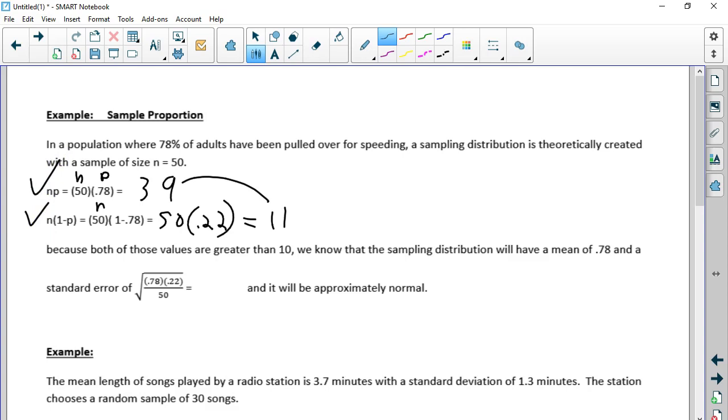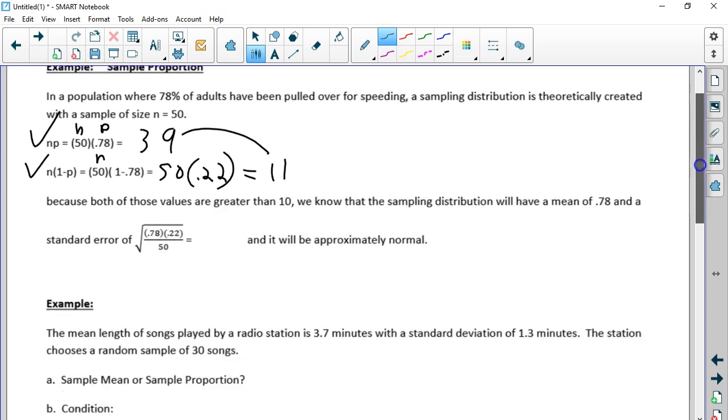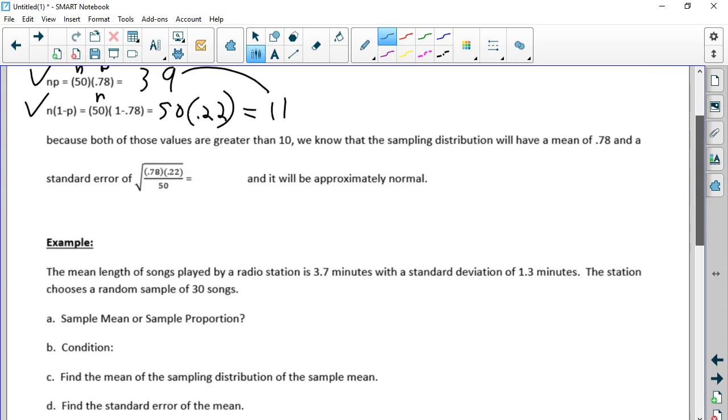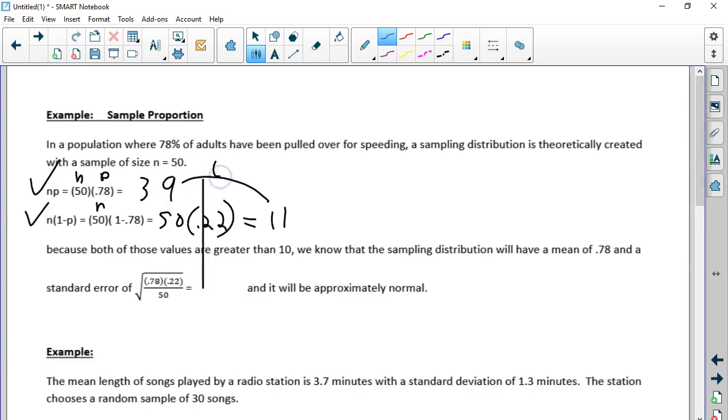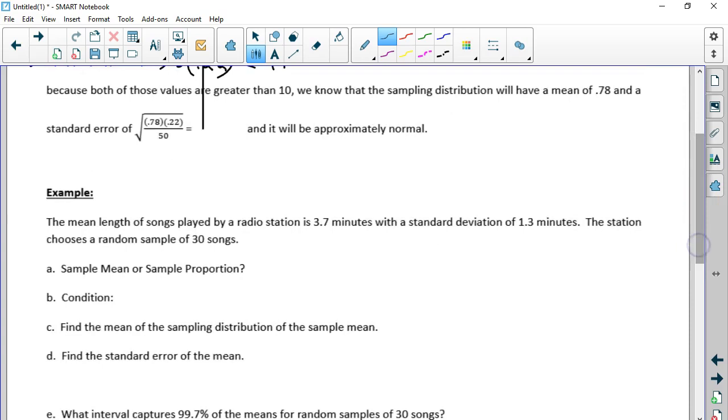So because they're both greater than 10, we know that the sampling distribution will have a mean of 0.78 and a standard error of the square root of 0.78 times 0.22 divided by 50, so about 0.058, or approximately 0.06 rounded, either way. And it will be approximately normal because both of them are bigger than 10.